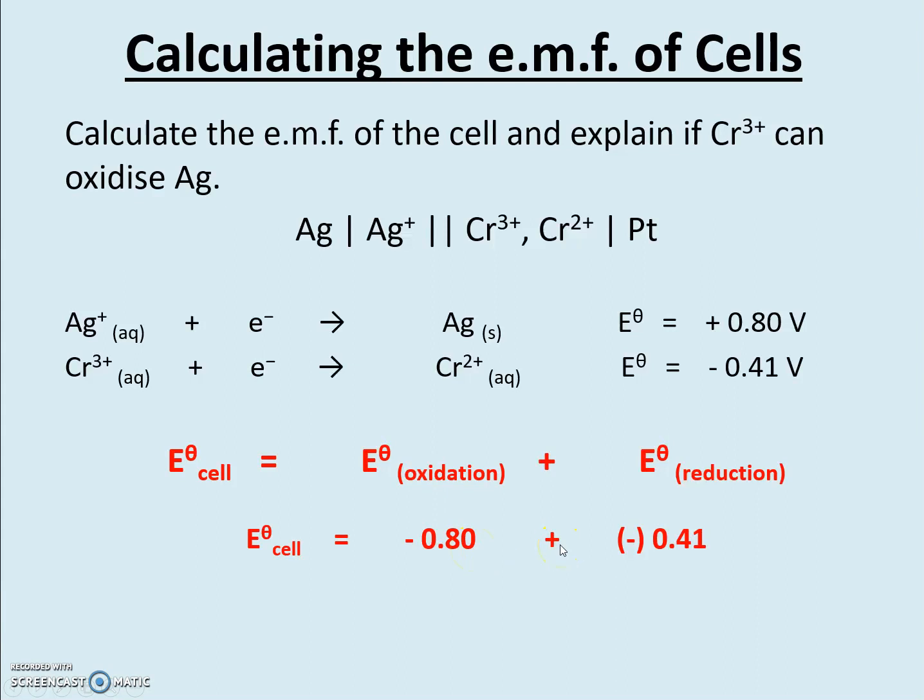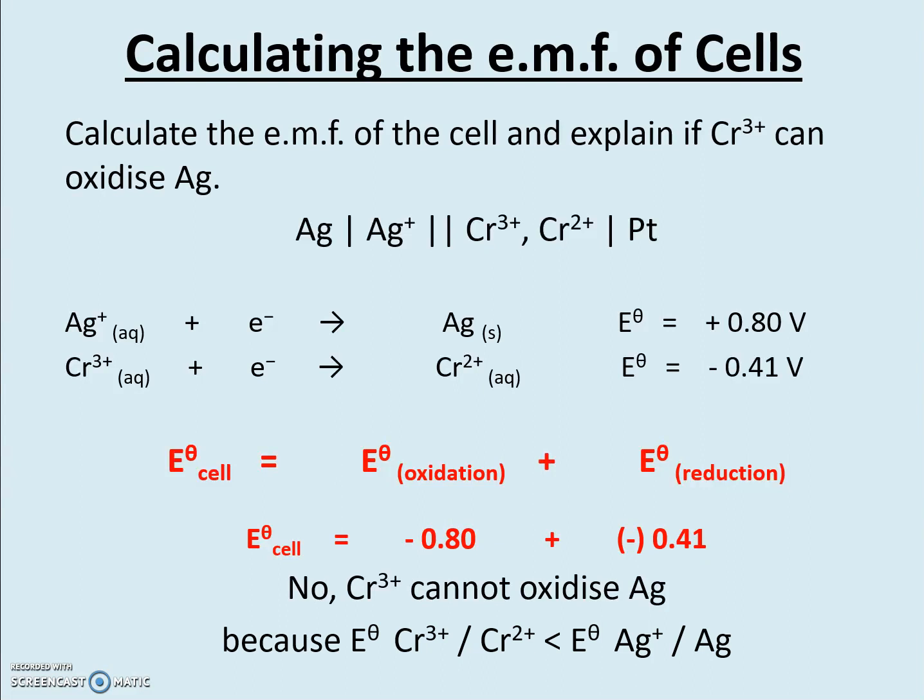We're going to add to that the reduction potential, which is -0.41 volts. So that will give us overall an EMF of -1.21 volts. So therefore, no, chromium 3+ cannot oxidize silver. And we would say, because the chromium 3+/chromium 2+ electrode potential is less than the silver+/silver electrode potential.